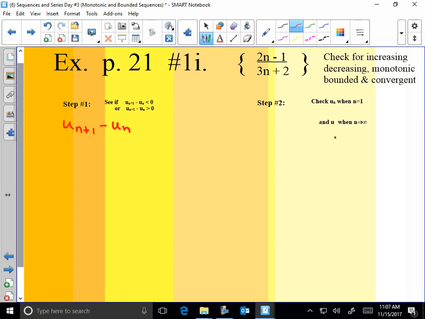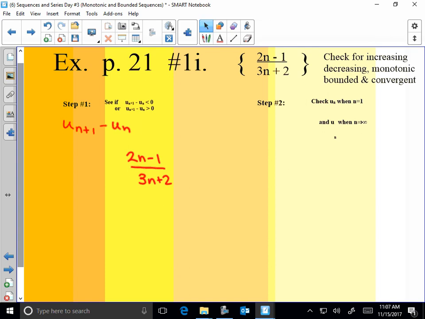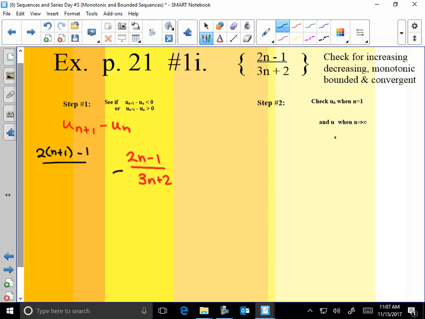Well, u of n is 2n minus 1 over 3n plus 2. But u of n plus 1 is 2 times the quantity n plus 1 minus 1 over 3 times the quantity n plus 1 plus 2. So what am I doing? I'm just plugging n plus 1 in for that n.